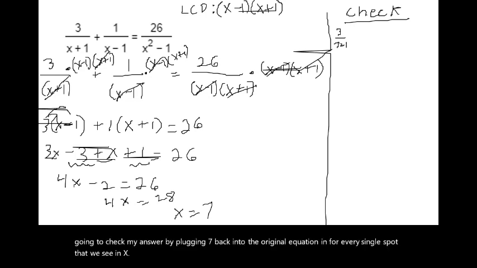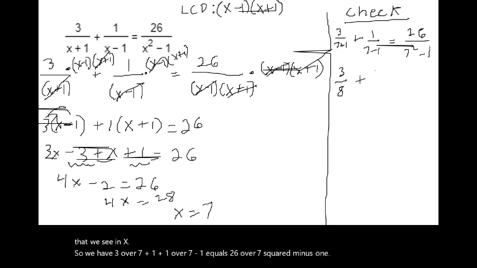So we have 3 over 7 plus 1 over 7 minus 1 equals 26 over 7 squared minus 1. So 7 plus 1 is 8, so we have 3 over 8 plus 7 minus 1 is 6, equals 26 over 7 squared is 49, minus 1 is 48.